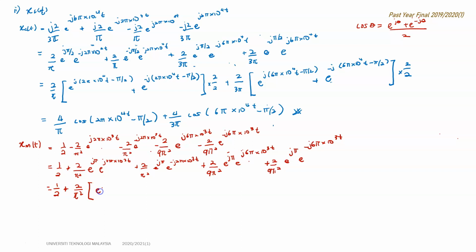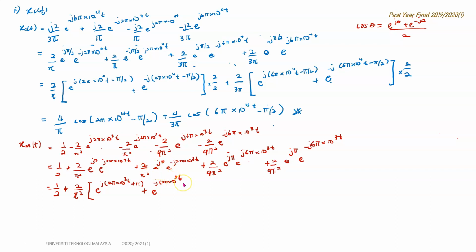Put exponent j, and remember to put the omega first, which is 2 pi multiplied by 10 power of 3t, and then only you add pi. There's no more j because we already took out j here, plus exponent negative j. When we took out the negative j here, what's left is 2 pi multiplied by 10 power of 3t.